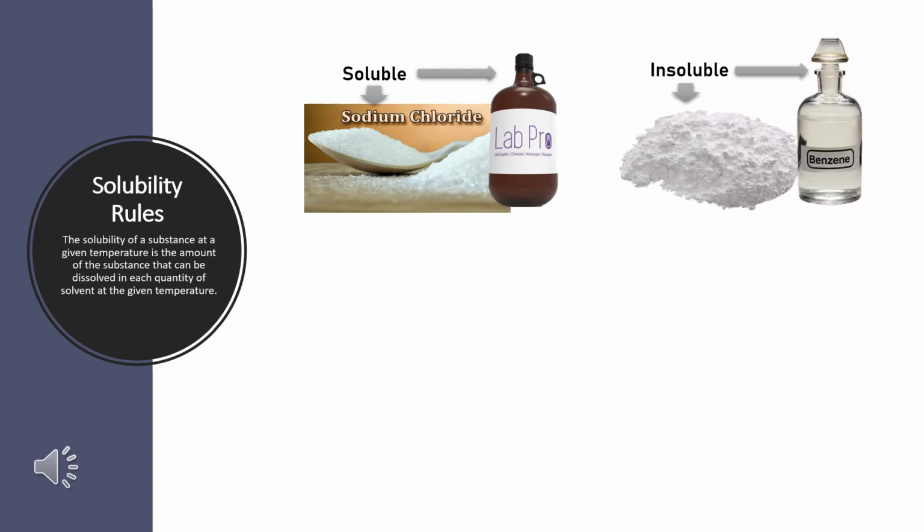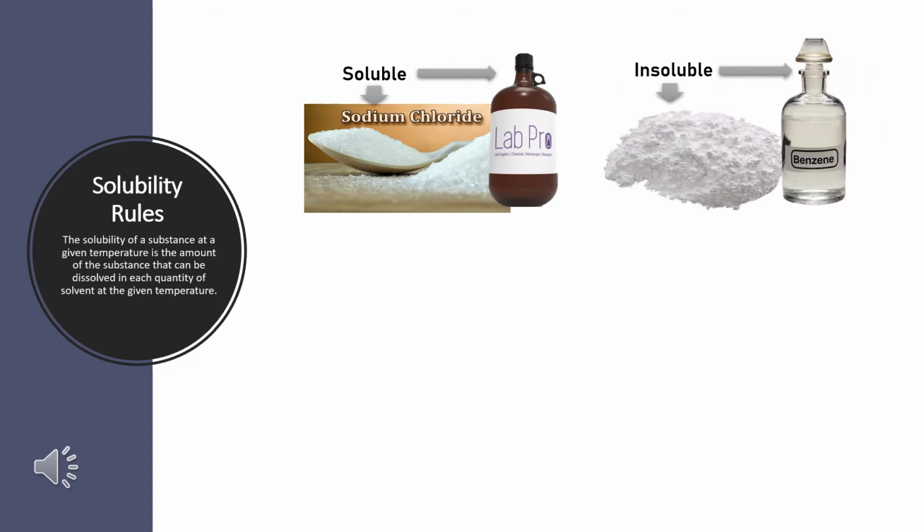Others, such as calcium carbonate, which occurs naturally as limestone or marble, and benzene, have quite limited solubilities and are thus said to be insoluble. Soluble ionic compounds form solutions that contain many ions and therefore are also called strong electrolytes. So to predict the solubility of an ionic compound, chemists have developed solubility rules.